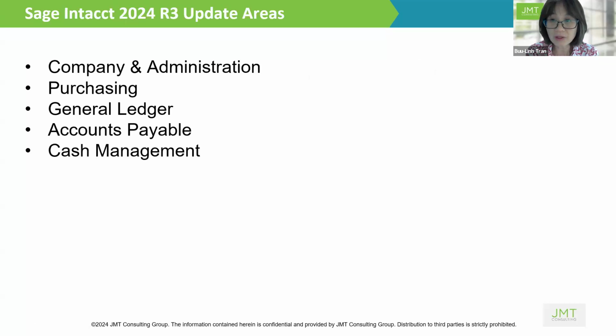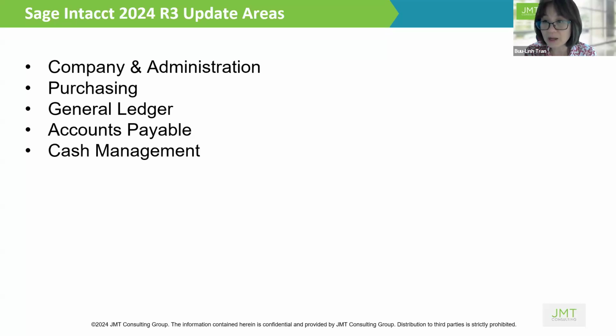So there is a lot that is being covered with Sage Intacct 2024 R3. We are not going to be able to go through all of the new features. As many of you may know, JMT is very focused on supporting and serving nonprofits.